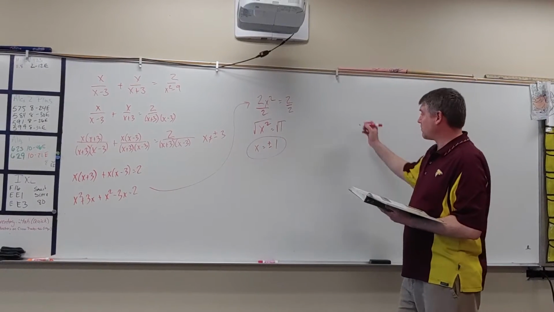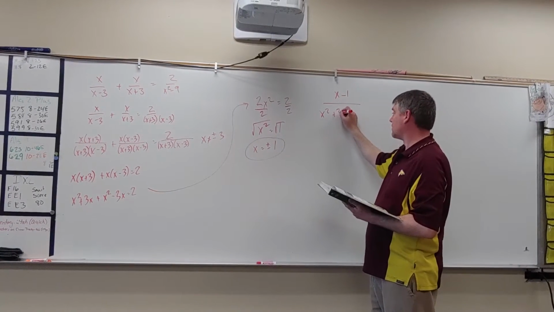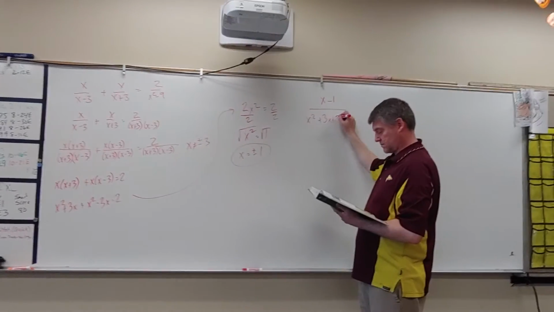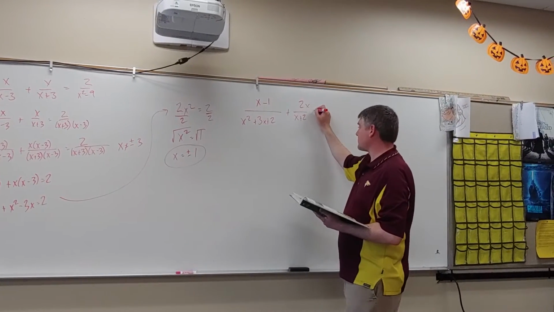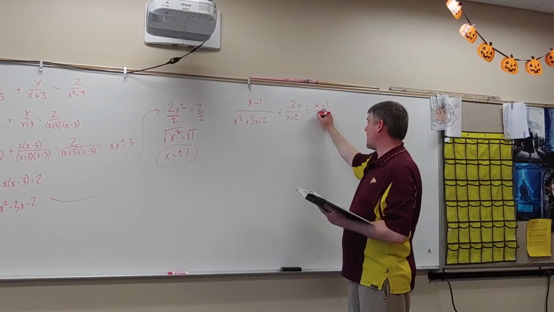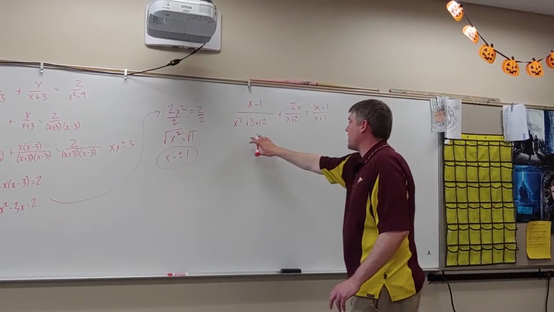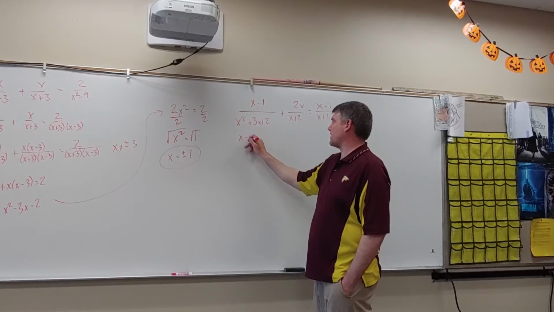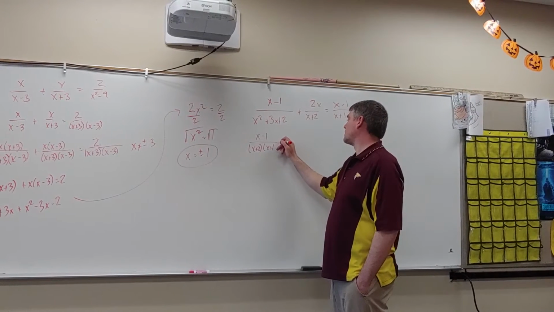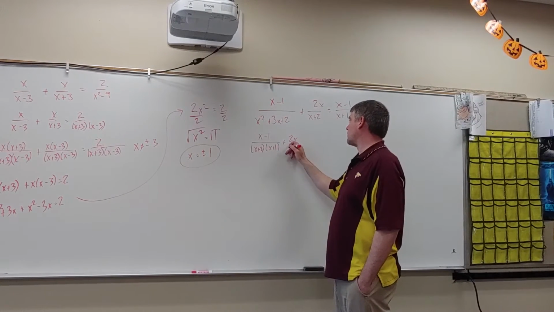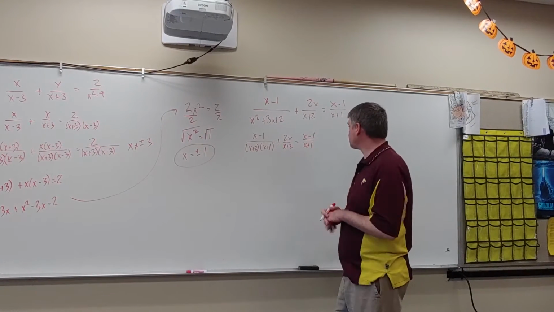So we'll do one more example, and then that will be solving rational equations. I'm going to start by factoring everything so I can find a common denominator. The only thing I have to factor is my x squared plus 3x. This gives me x plus 2, x plus 1, plus 2x over x plus 2 equals x minus 1 over x plus 1.